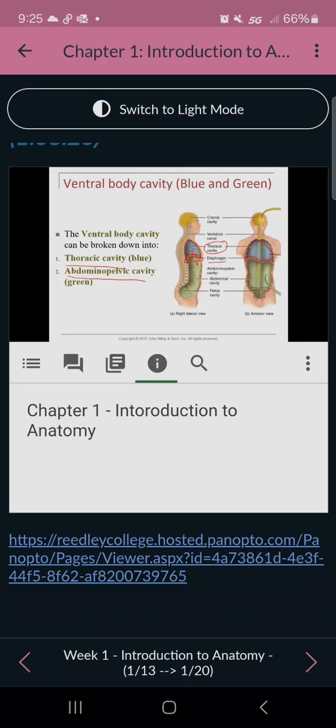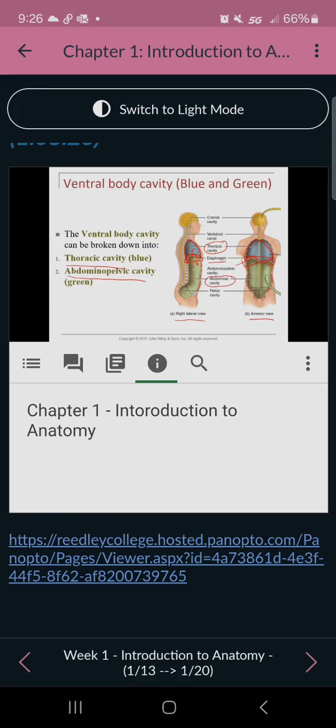So this is going to be the diaphragm here, this layer here. In this figure, it's again showing us the lateral view, which means sideways, and here we looked at the anterior view. In the next slide, we're going to talk about the abdominopelvic cavity, which is going to be the green region.